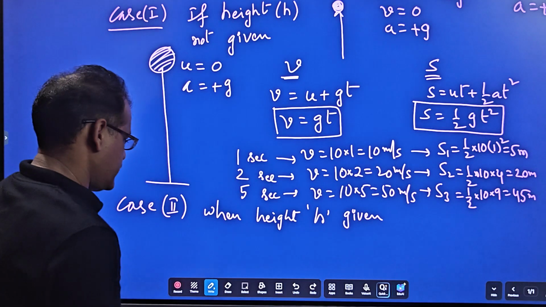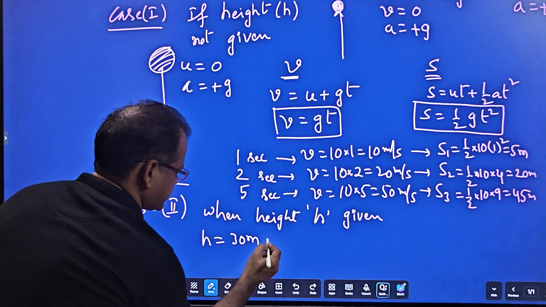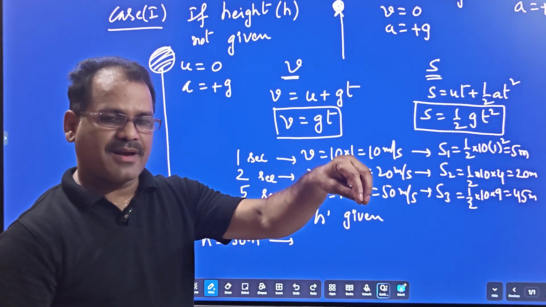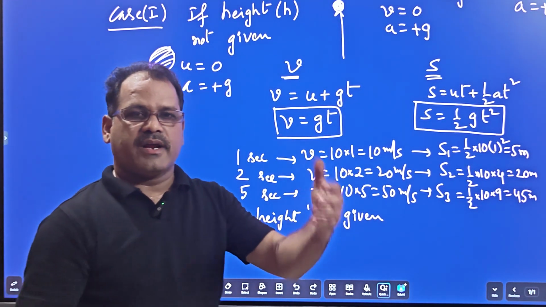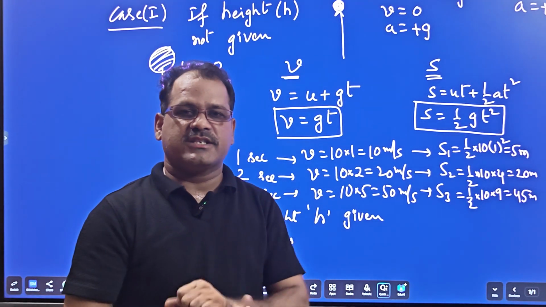at a particular height like 25 meters or 30 meters. For example, let us take when it is dropped from a height of 30 meters. Then the question they may ask is, from 30 meters the object is dropped, what is the time to reach the ground? Or what is the velocity when it is touching the ground?